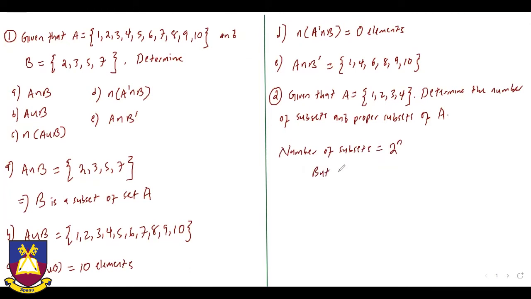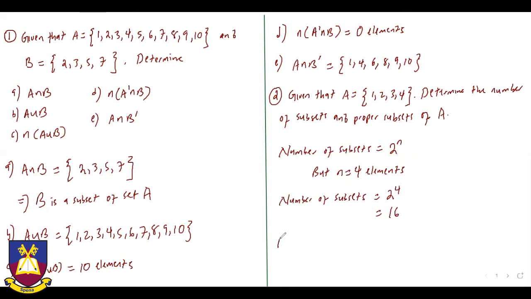There are 4 elements, therefore we could get the number of subsets. So the number of subsets is equal to 2 power 4, which is equal to 16. So there are 16 subsets.